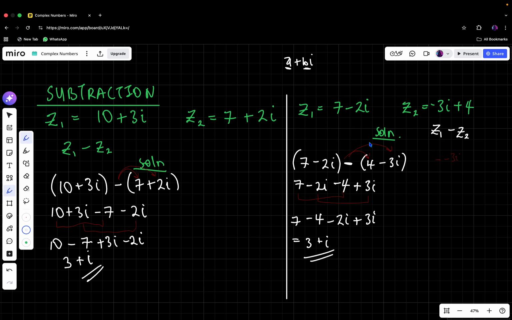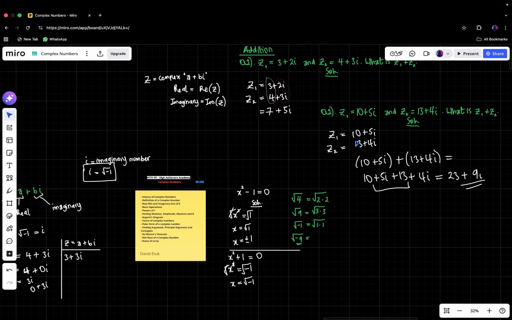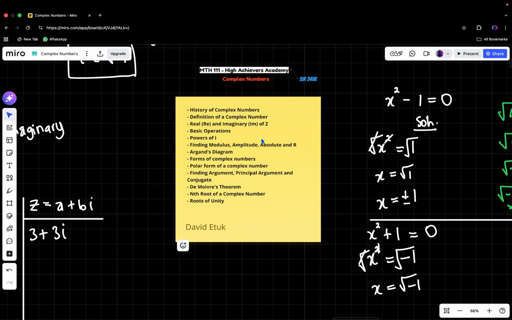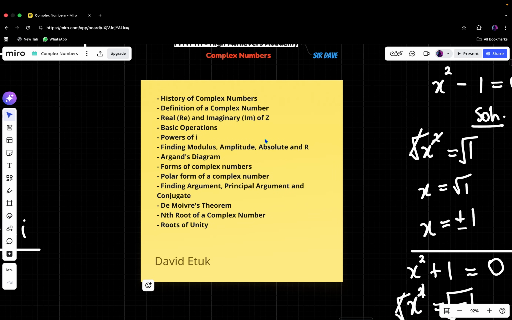Now we have seen the addition and subtraction of complex numbers. In the next lesson, we will take a look at the multiplication and division of complex numbers. So we are successfully able to check out the history, do a brief definition.